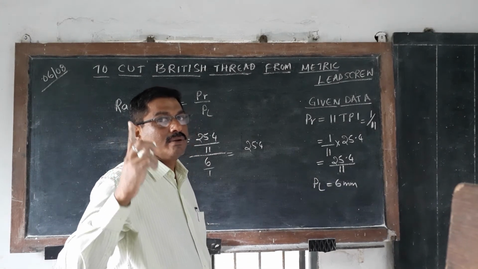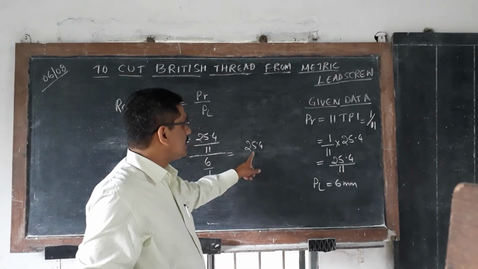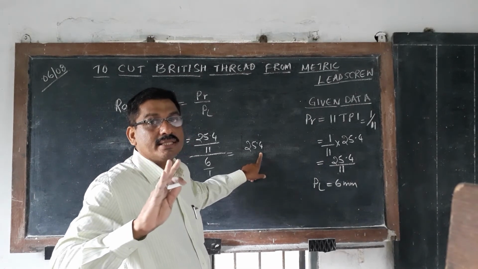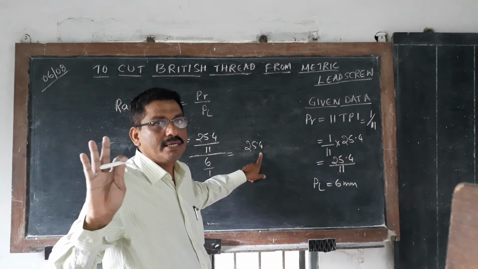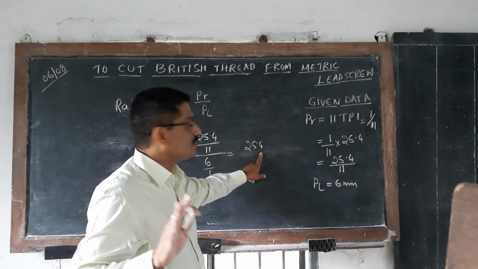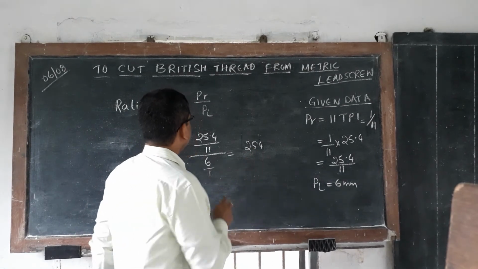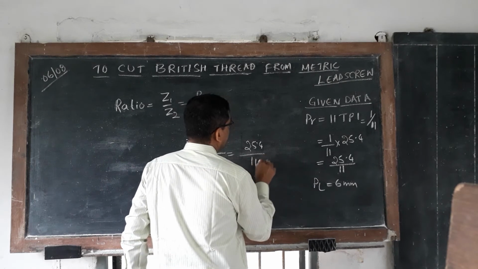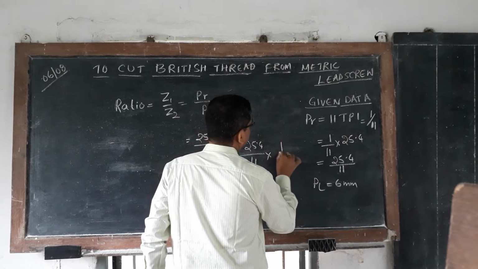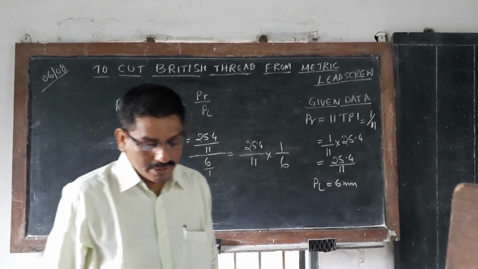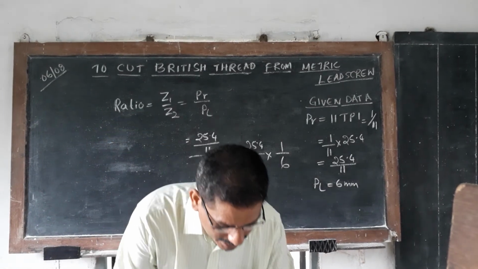Because it is coming 25.4, your gear teeth won't be in decimals, it has to come round. That's why the 127 gear is made. So 25.4 divided by 11 into 1 by 6.